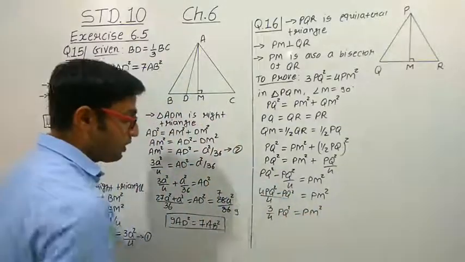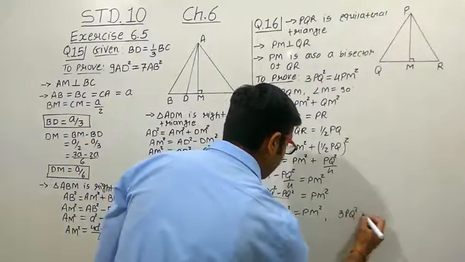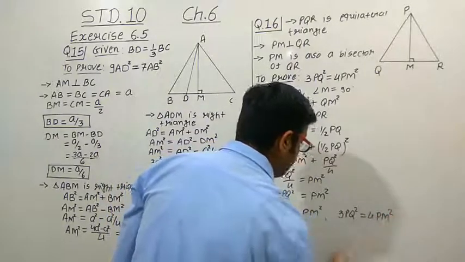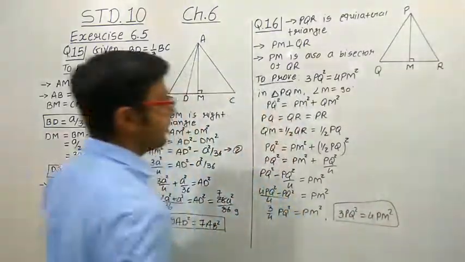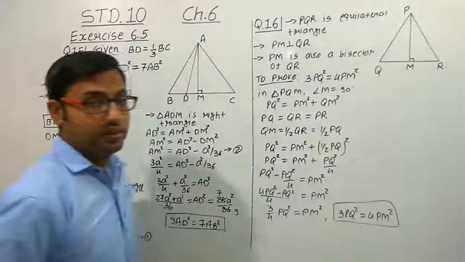When we take this 4 to the other side, we get 3 PQ square is equal to 4 PM square. Right? So this is the required result that we have to prove.